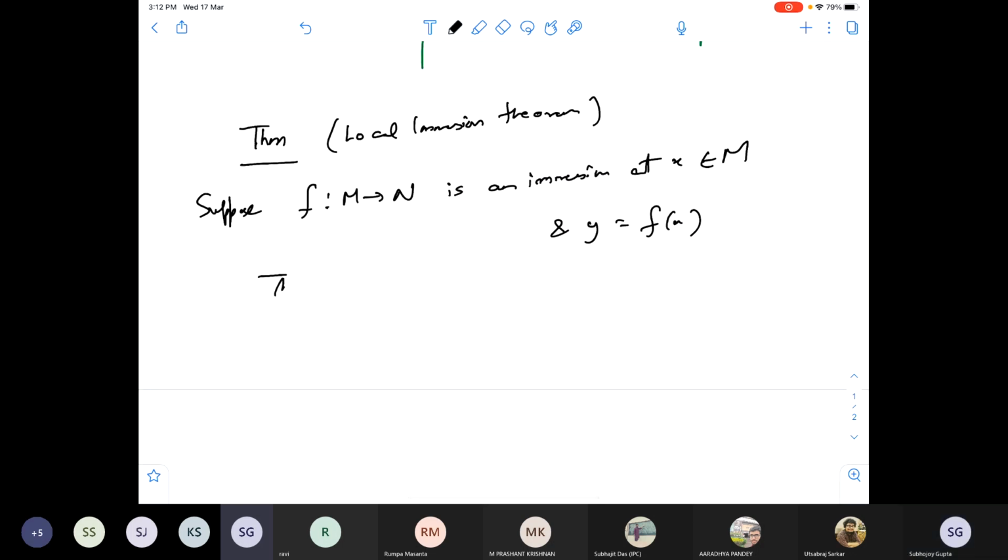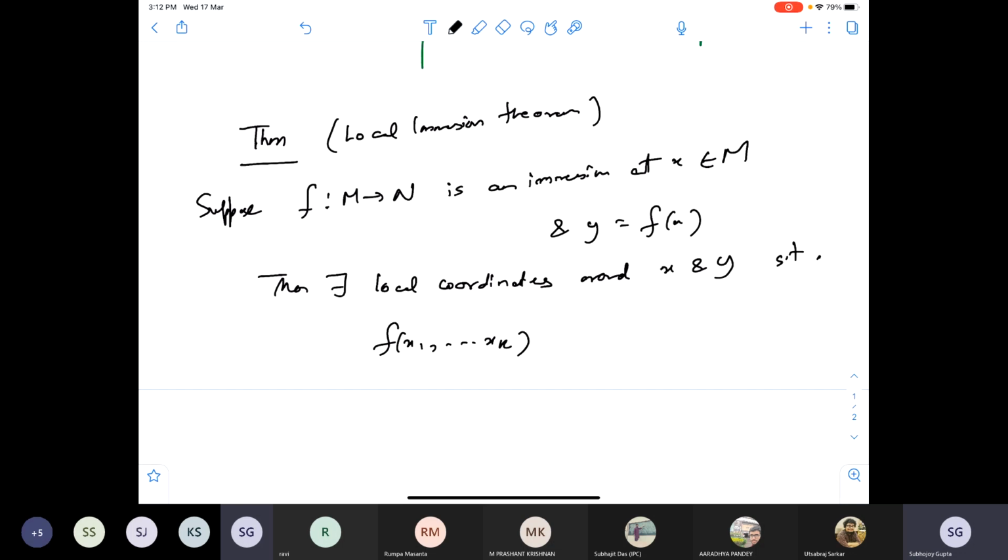Then there exist local coordinates around x and y such that f(x1, ..., xk) equals (x1, ..., xk), and if the target is bigger, you fill out the rest with 0. Here this manifold is of dimension k, and the target manifold is of dimension l, with l greater than or equal to k. So that's the canonical immersion.